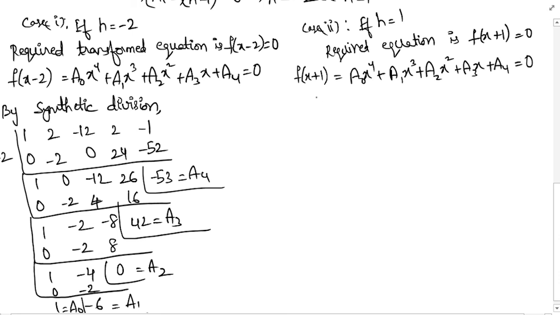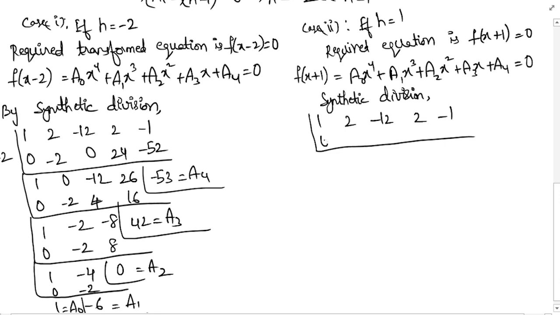So even here we'll do by synthetic division. Okay, so using synthetic division, this will be 1, minus 1, 2, minus 12, 2 and minus 1. Okay, so this will be 0.